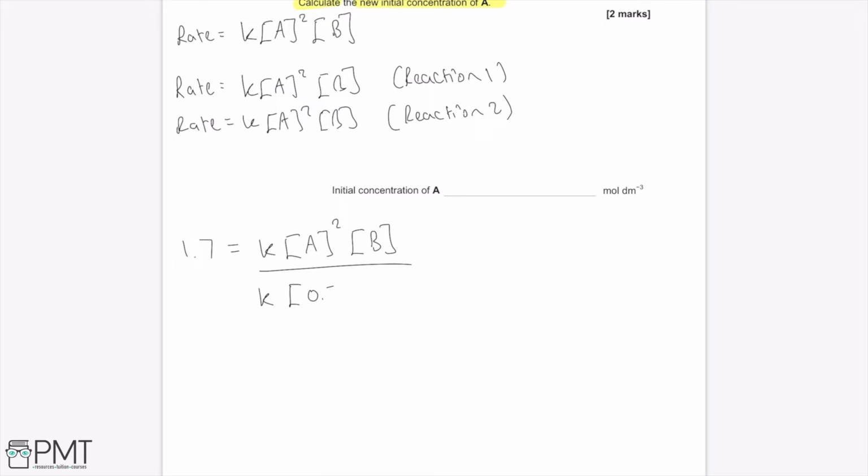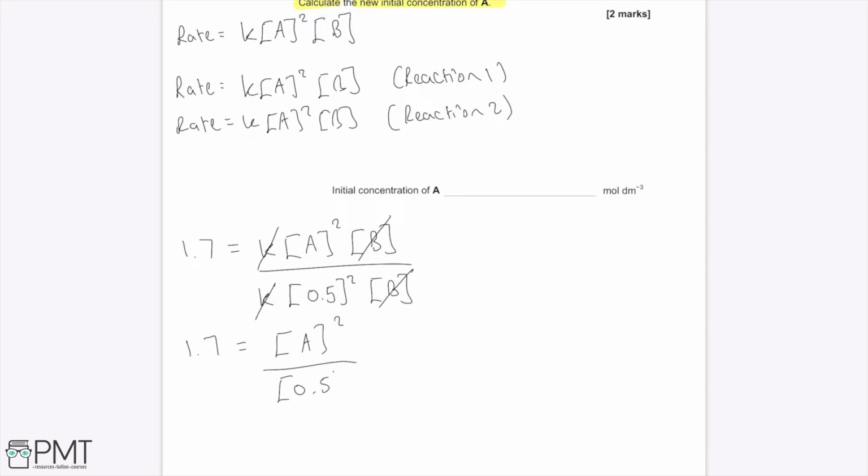So this is going to be 0.5 squared multiplied by the concentration of B. So what we can do now is cancel out what we have on the top and the bottom, and this is our constant K and also our concentration of B. So what we are left with is 1.7 equals the concentration of A squared divided by 0.5 squared.